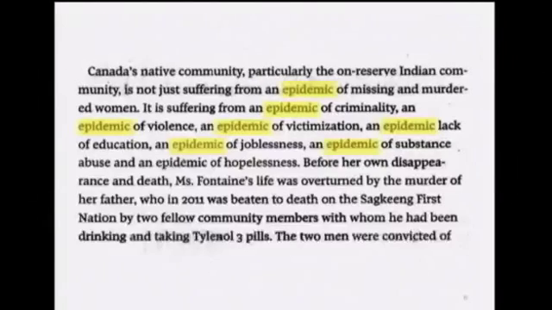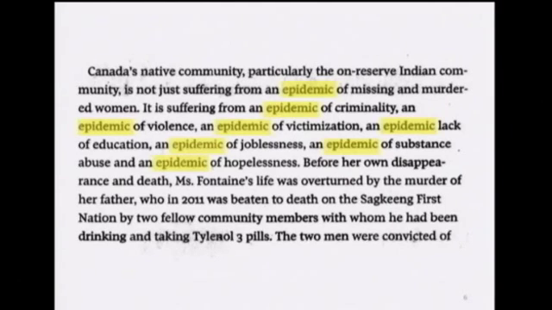Epidemic of criminality, epidemic of violence, epidemic of victimization, lack of education is epidemic, according to the Globe and Mail. Epidemic of joblessness, epidemic of substance abuse, epidemic of hopelessness.